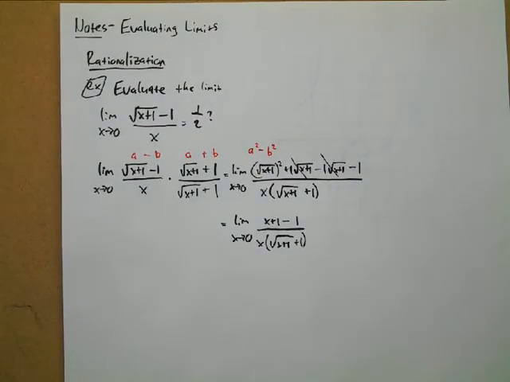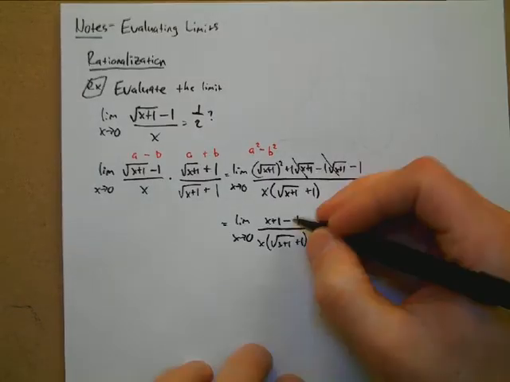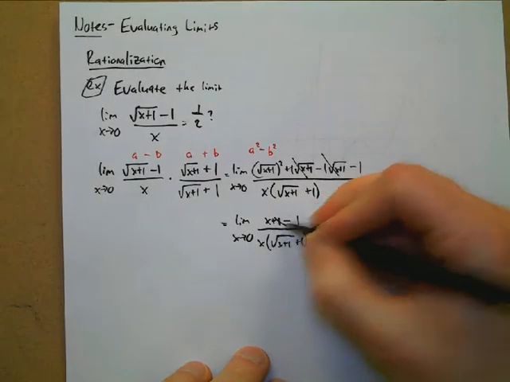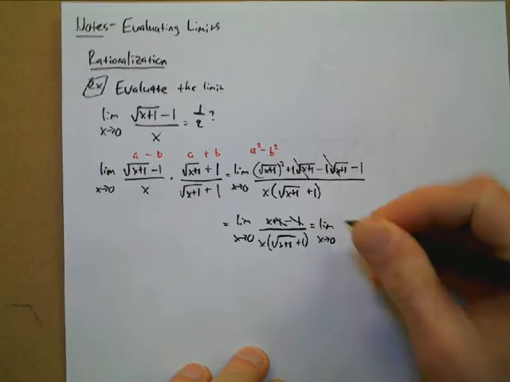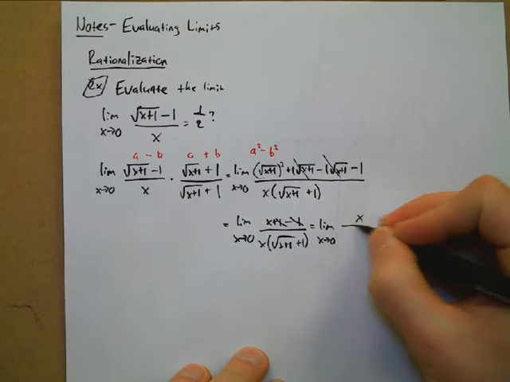Okay. And so then we can do 1 minus 1. They cancel too. And so we have x over x times the square root of x plus 1 plus 1.